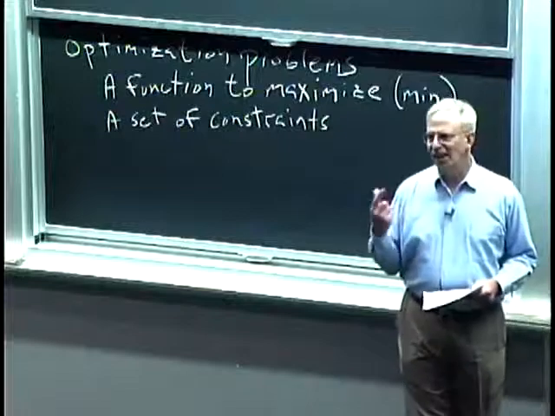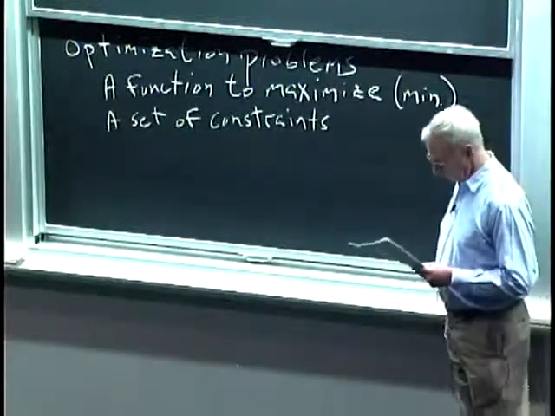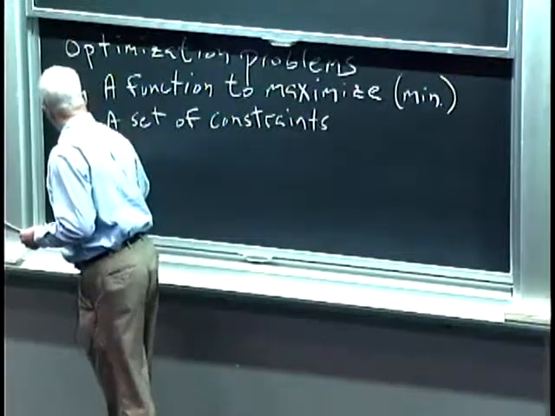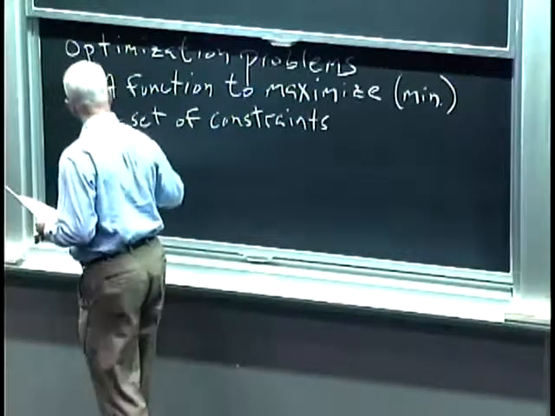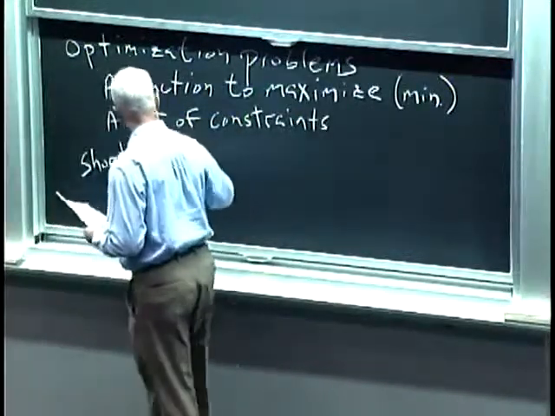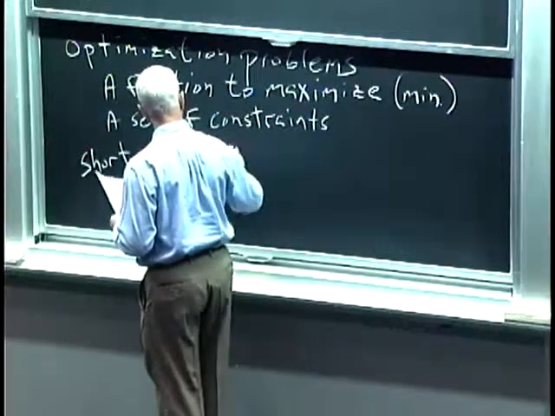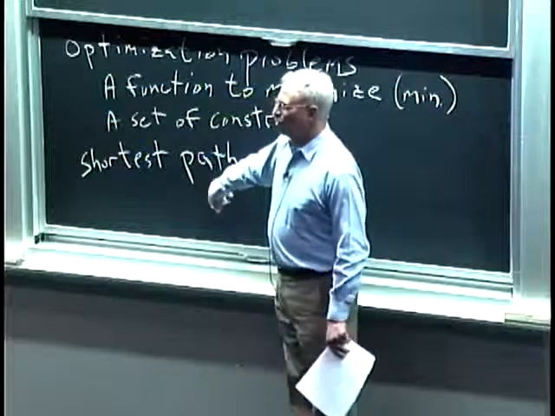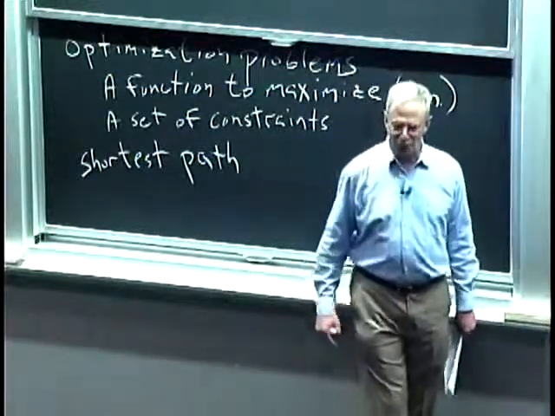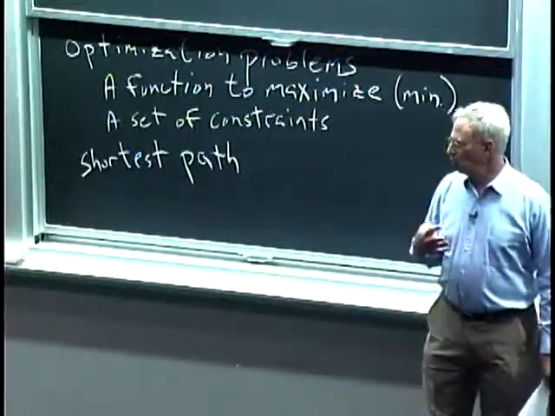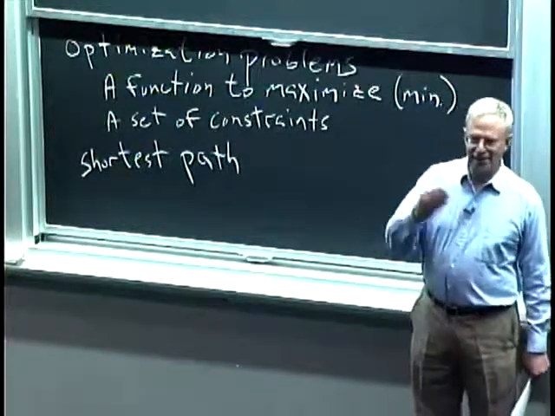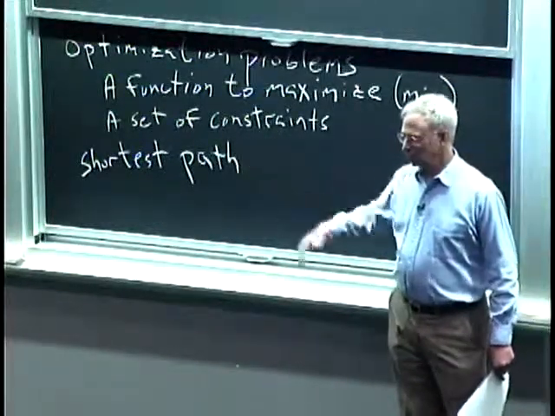So what are some of the classic optimization problems? Well, one of the most well-known is the so-called shortest path problem. Probably almost every one of you has used a shortest path algorithm. For example, if you go to MapQuest or Google Maps and ask, how do I get from here to there?